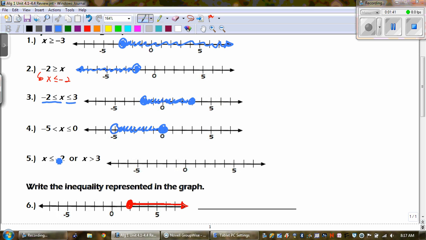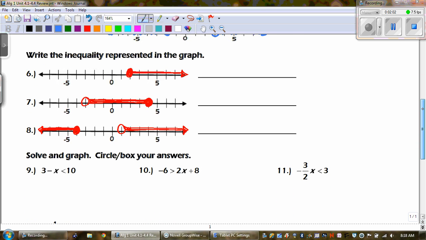And number 5, x is less than or equal to -2. So at -2 we're closed, it's less than, so we shade to the left. Or x is greater than 3. We're open at 3, and we shade everything to the right. Okay?